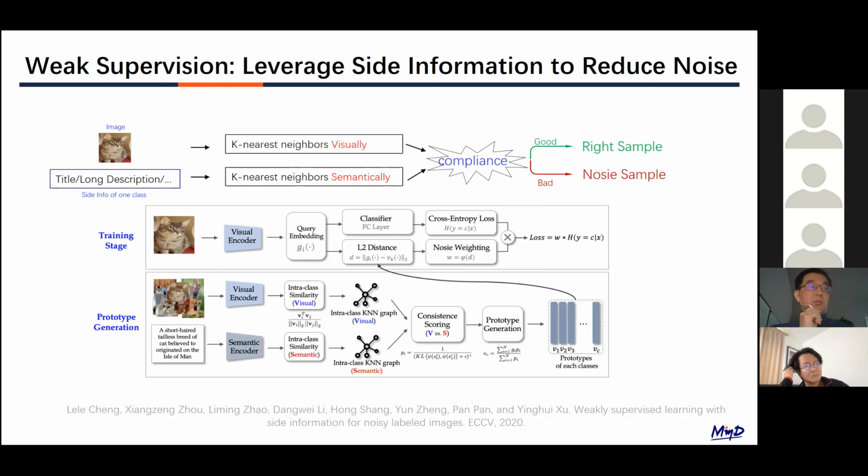Therefore, its importance should be lower. On the other hand, if the consistency between these two ranking lists is high, then this image is likely accurately annotated, and we would like to give even higher weights to those images. That simple algorithm of distilling the noise tends to give us a good performance boost in the results.